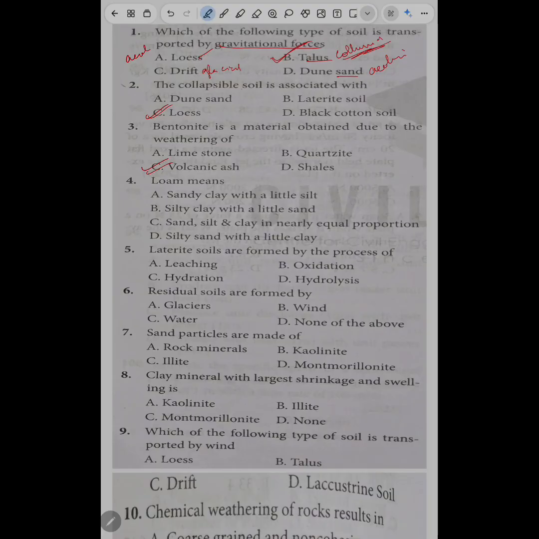So here options are sandy clay with a little silt, silty clay with a little sand, silt and clay in nearly equal proportion, silty sand with a little clay. So here the answer is option C, sand, silt and clay in nearly equal proportion. Okay, next, fifth question. Laterite soils are formed by the process of.